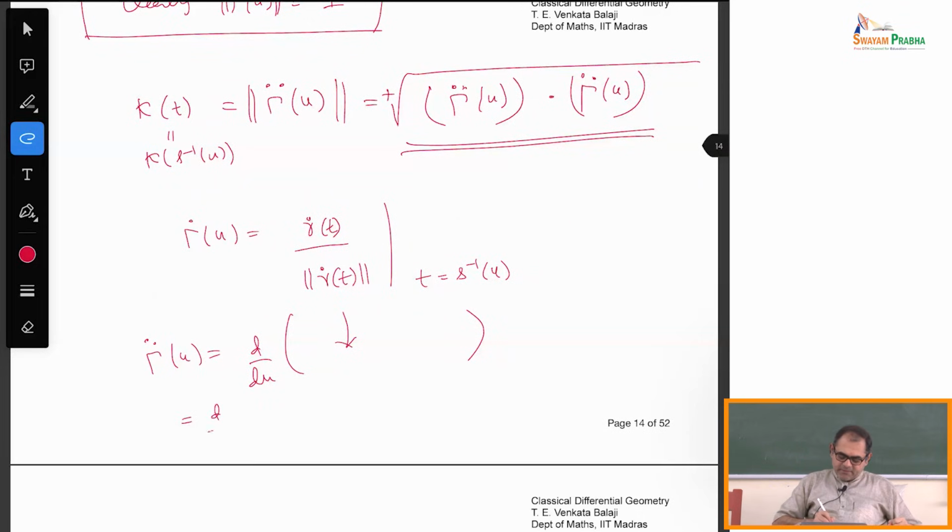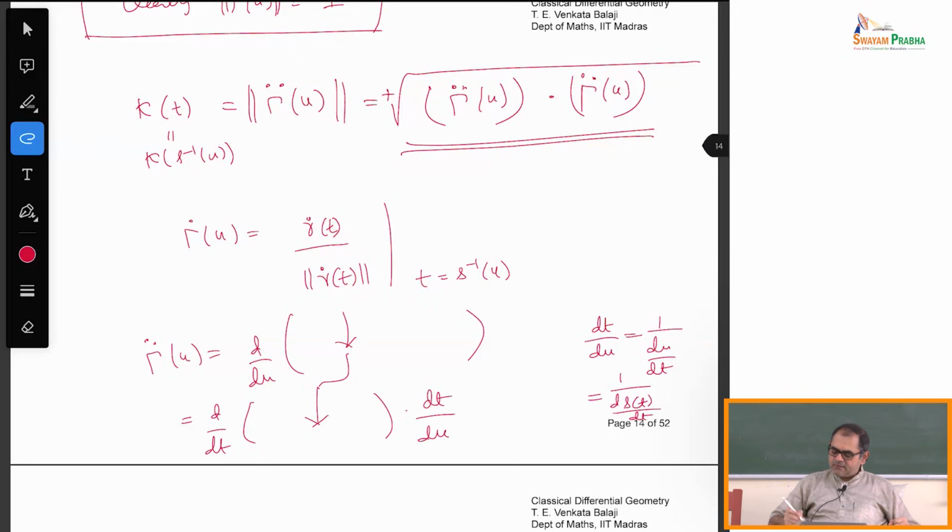So this will become d by dt of this, into dt by du, and again use the fact that dt by du is 1 by du by dt, which is 1 by ds by dt, and this is 1 by norm gamma dot of t.